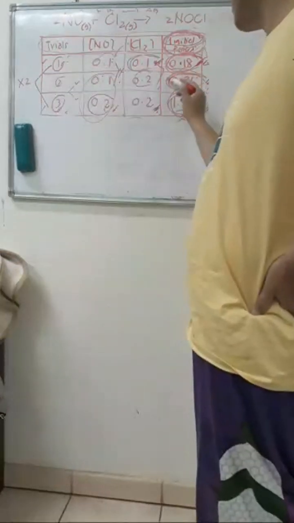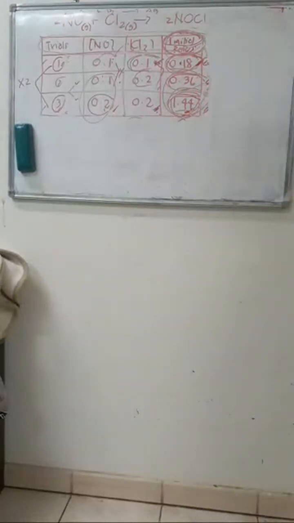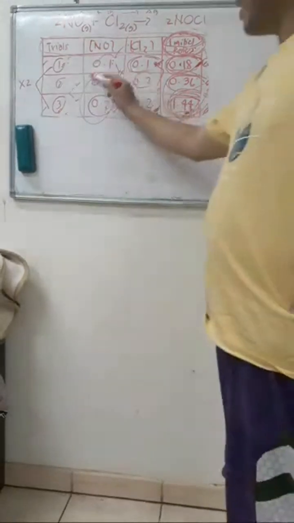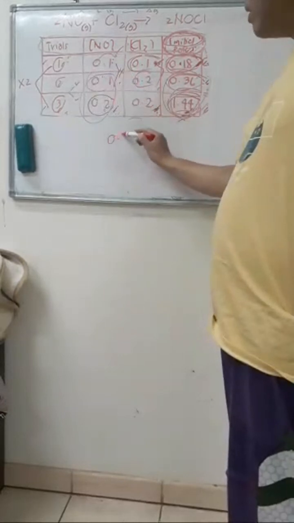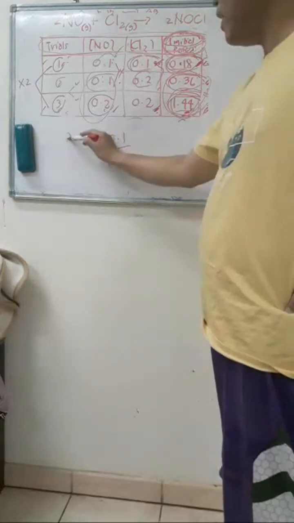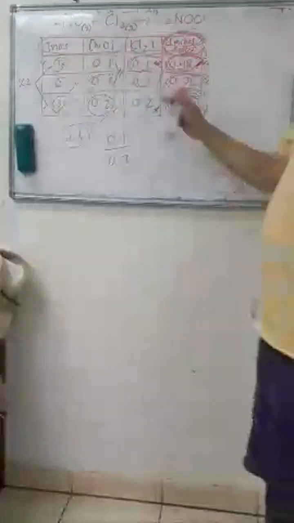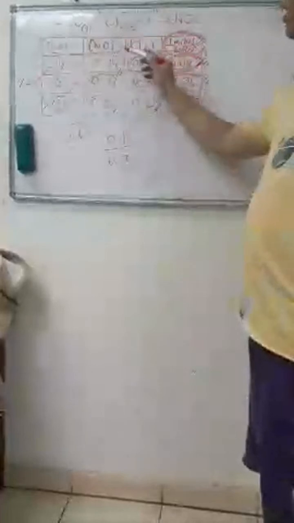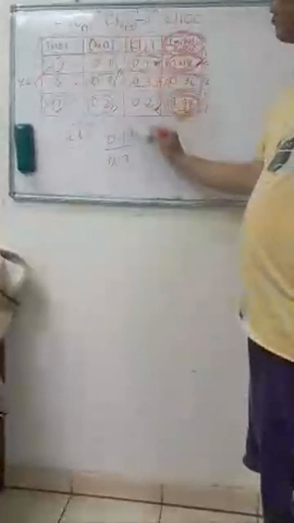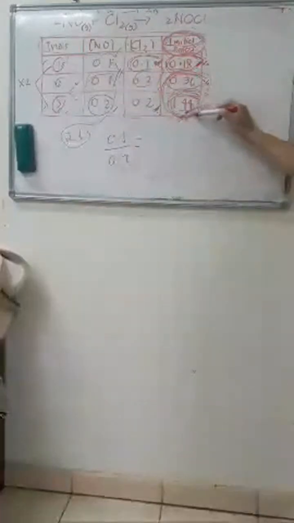Let's say, for example, you take 0.1 over 0.2, because you take the relationship between trial 2 and trial 3. Your concentration of NO will be 0.1 in trial 2 and 0.2 in trial 3. Your initial rate will also consider trials 2 and 3, of course.